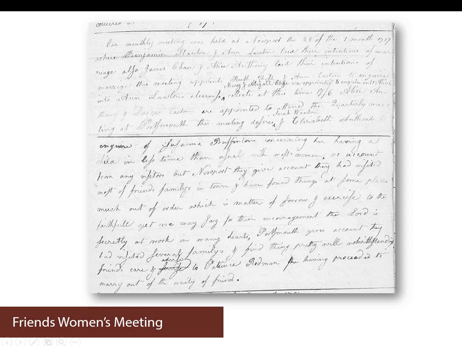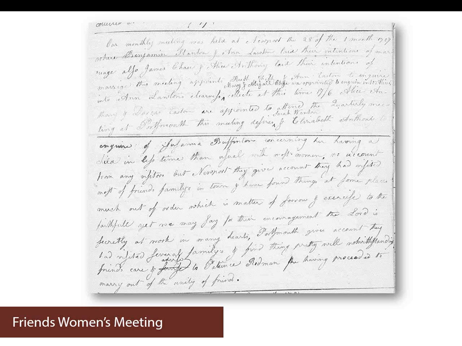Especially when it comes to your Quaker records, keep in mind that the men and women don't sit together. They have separate sides of the room, and then they have their own separate meetings. And the meeting minutes are, in addition to announcing things like, oh yeah, John and Mary want to get married, and they have to go through, I think it was like 3 meetings where they had to profess that, etc. And the mention of births and other things.